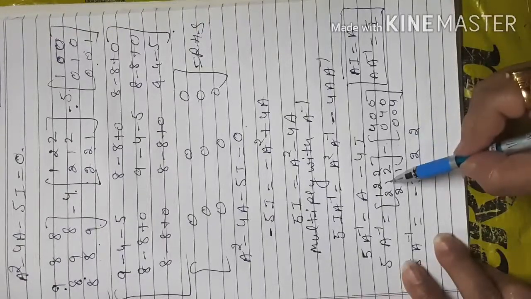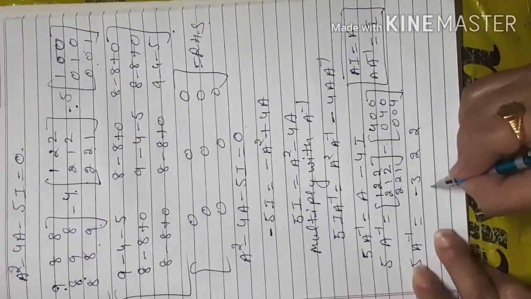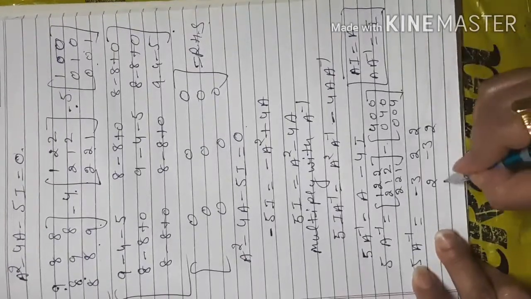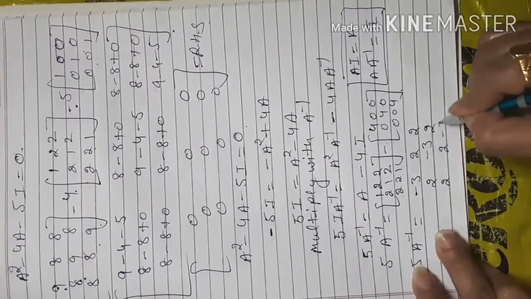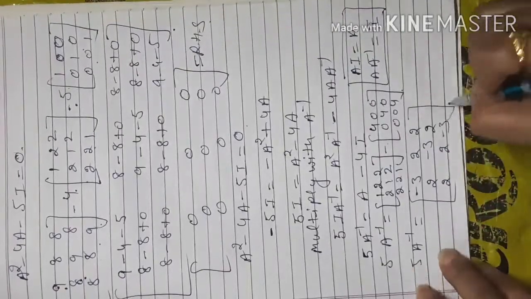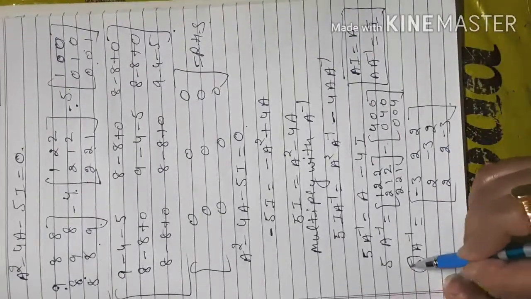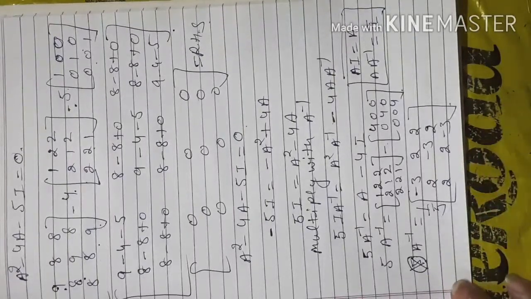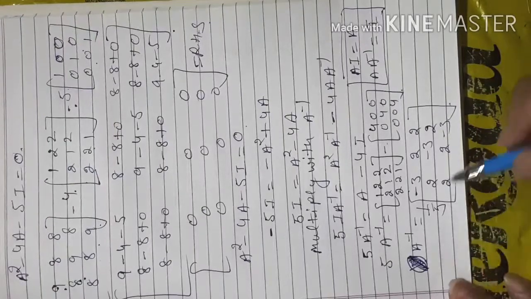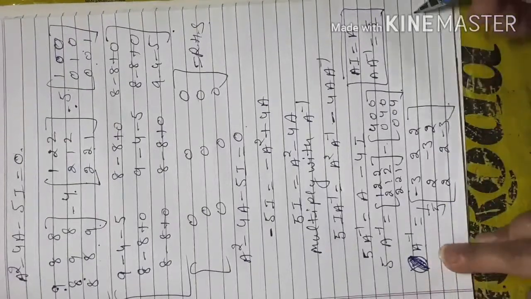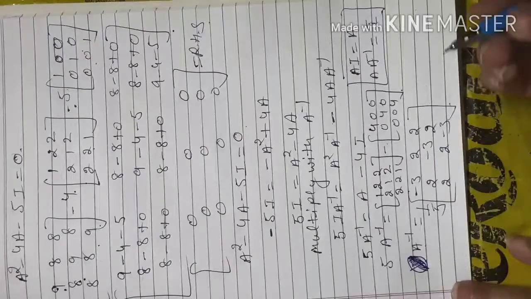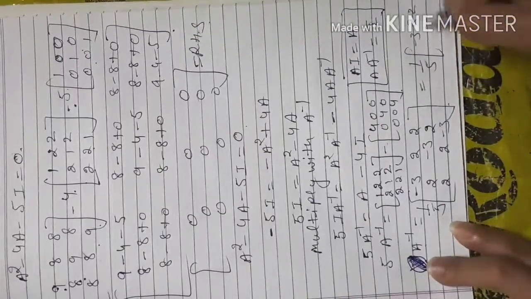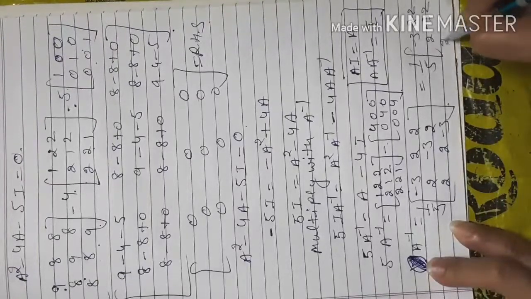Again 2, 1 minus 4 gives minus 3, and 2. Similarly here also 2, 2 and minus 3. When you shift this 5 from here to the other side, that is my required answer: A inverse is 1 by 5 times the matrix minus 3 2 2, 2 minus 3 2, 2 2 minus 3.